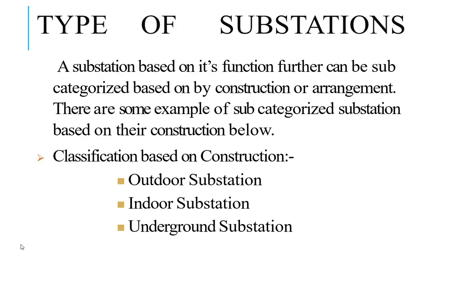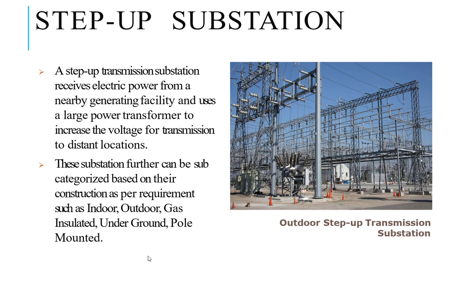Here we can classify basing on construction. Here we have outdoor substation, indoor substation, underground substation. The outdoor substation means that it is exposed just outside the normal environment, but indoor it is enclosed within a certain facility. Underground means it is underwater or under the ground.